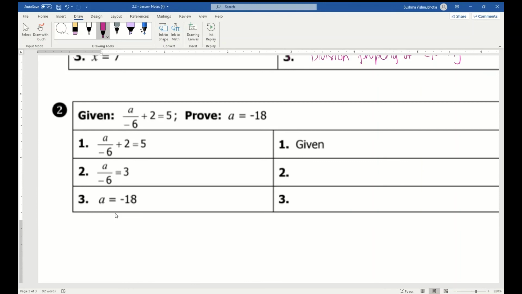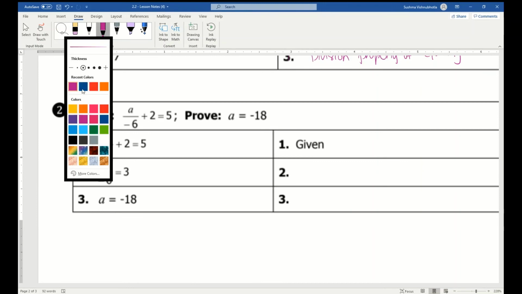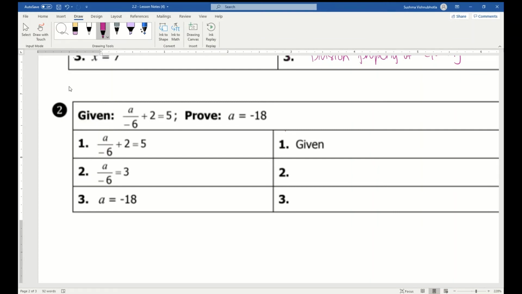Okay, the second example here, again, you start with a given, and to go from the first statement to the second statement, or the first step to the second step, you subtracted 2 from both sides, and that is the subtraction property of equality.